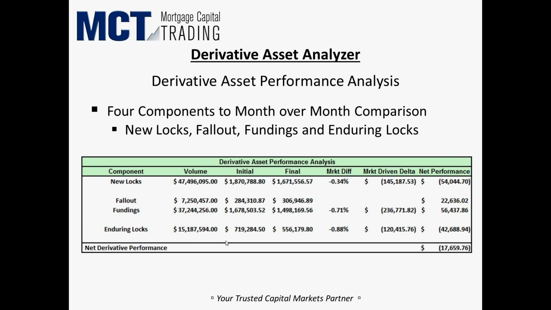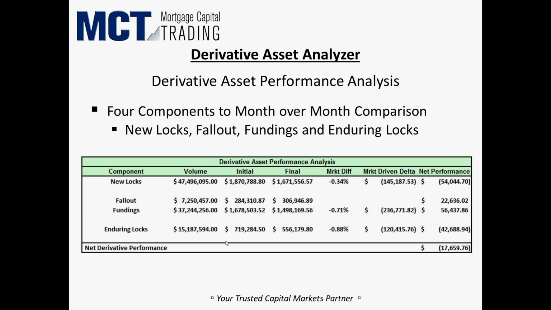So when we look at how we got from the prior month to the current month, purely on the derivative asset side, you can see that there are basically four buckets here. There are new locks. Those are loans that have been locked into the pipeline.